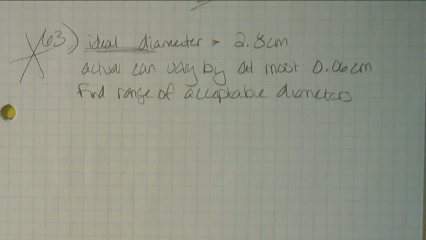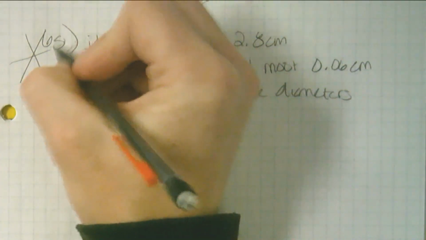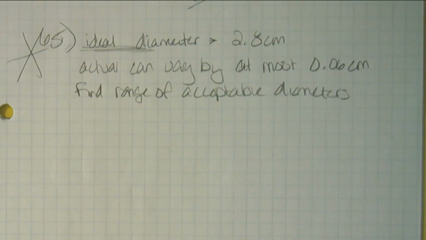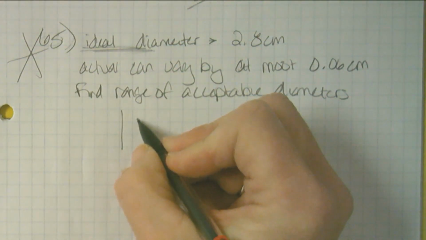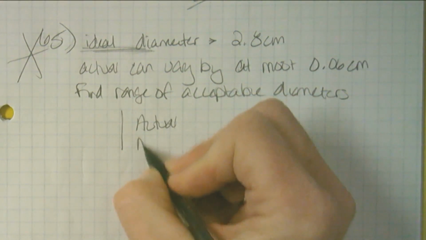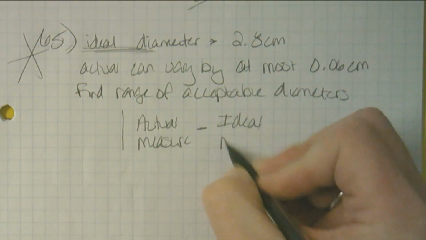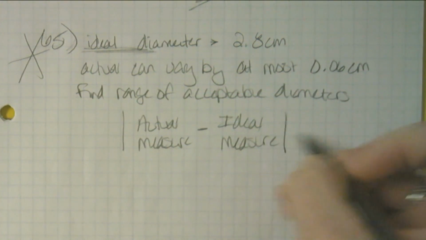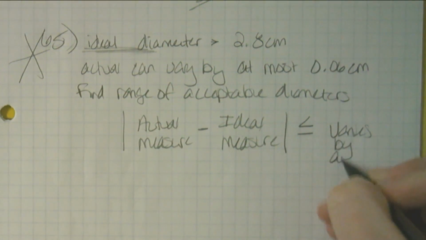We're still going to do this. We'll do 63 in a second. All of you take a look at 65. You are definitely having one of these on your test. So I have the absolute value of your actual measure minus your ideal measure is less than or equal to the varies by amount.